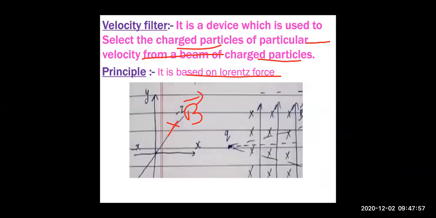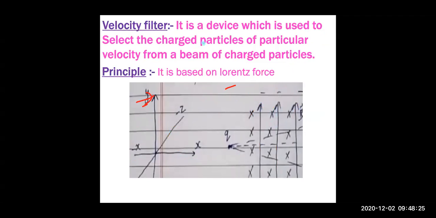And we are applying the electric field along the y-axis, right? Here you can see these wires, we are passing current along the y-axis, and we are throwing the particle along the x-axis. So here you can see, children, that E, V and B, all three are perpendicular to each other, that is x-axis, y-axis and z-axis, right?